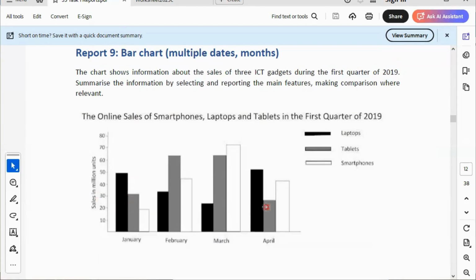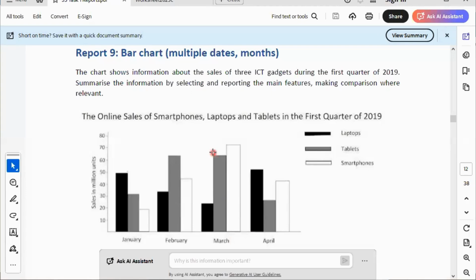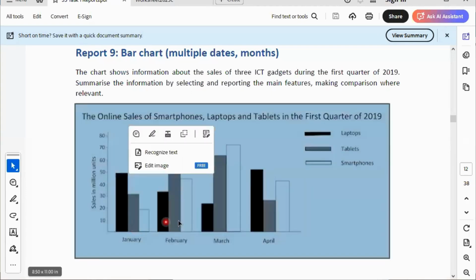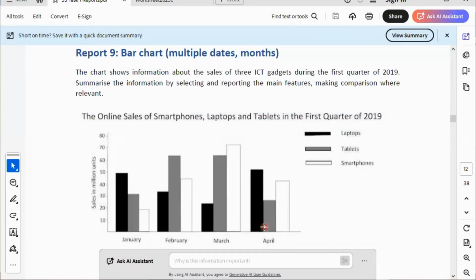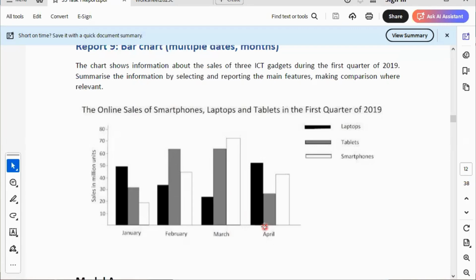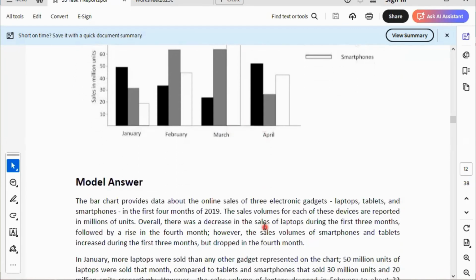We are going to be using both languages. January represents a date, February represents a date, March represents a date, April represents a date. In some cases they can even use week one, week two, week three, week four. That's still multiple dates. Okay, now let's look at the report.